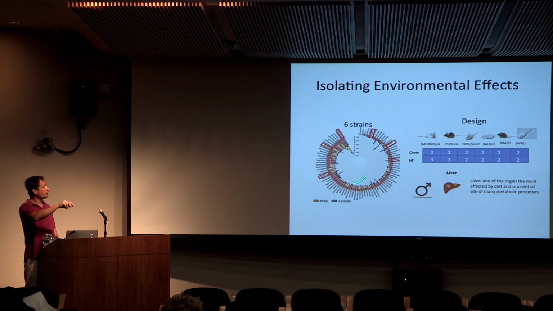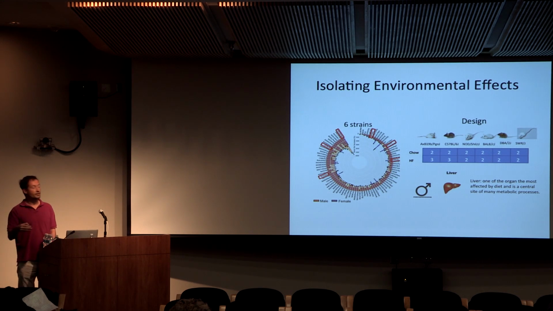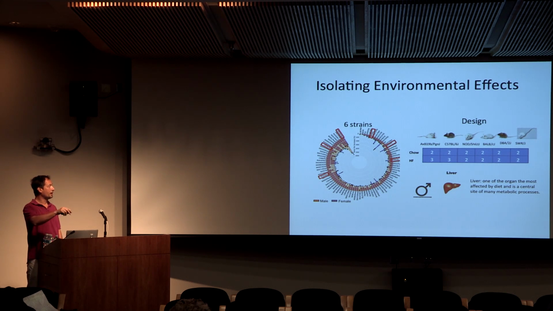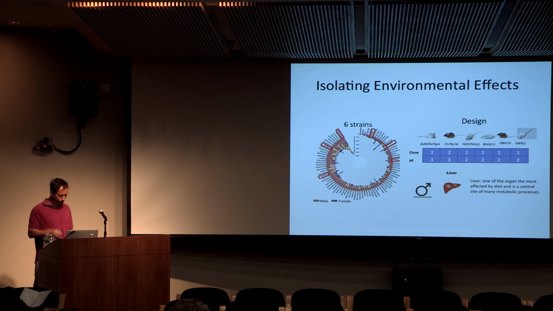And so this kind of experimental design can let us dissect which of the responses to diet are due to the genetics and what the epigenetic consequence of these responses to diets are, because we can compare the dietary response between the chow and the high fat within mice of the same strains to tease out what effects the diet has on DNA methylation independently of genetics.